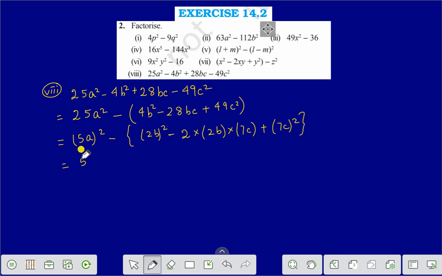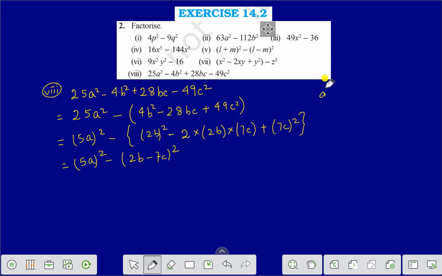Right? Therefore, we are getting (5a) whole square minus (2b minus 7c) whole square, because here we applied the formula that a square minus 2ab plus b square is (a minus b) whole square.